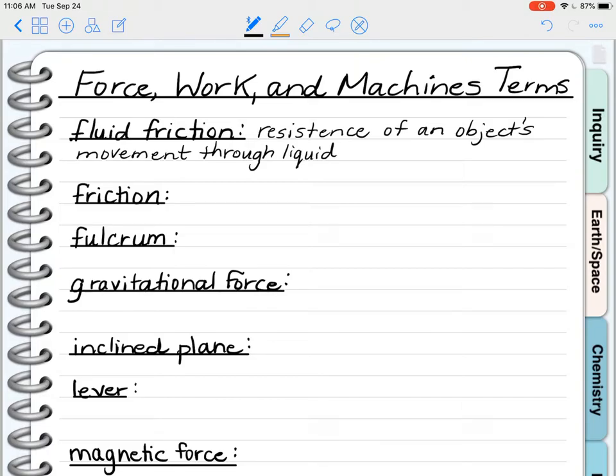Sorry, I'm having a little bit of a lag here. There we go. I'm not sure what happened, but hopefully it's finished doing what it's going to do. The resistance of an object's movement through liquid or gas.